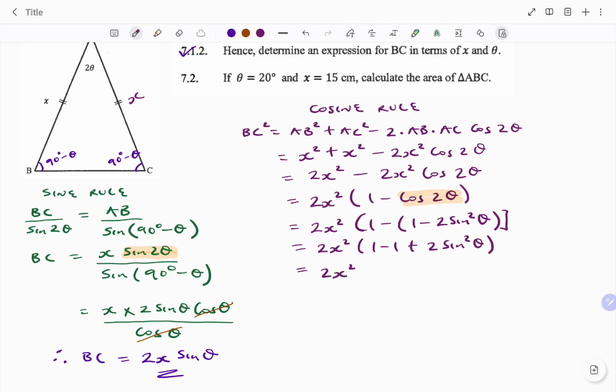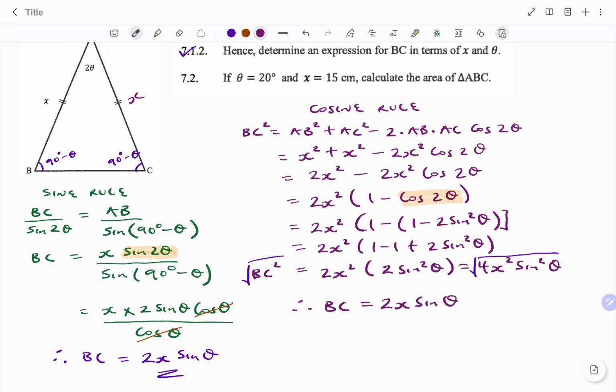That's 2x squared in bracket 2 sine squared theta, which is equal to 4x squared sine squared theta. That's my BC squared. And because I'm to find the line BC, I'll find the square root of both sides. So therefore my BC equals 2x sine theta. And you can see that I have the same value if I'm using my sine rule, which is simpler, and then the same value if I use my cosine rule.